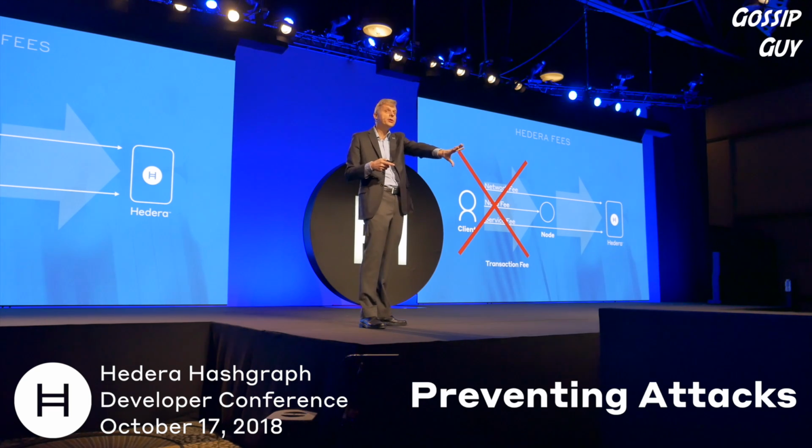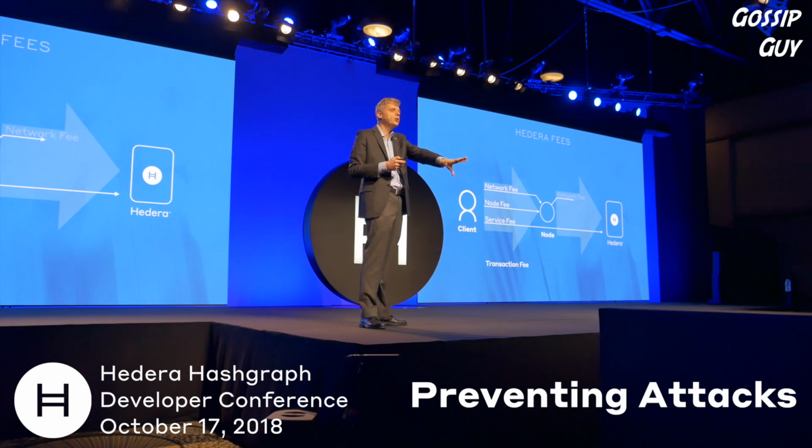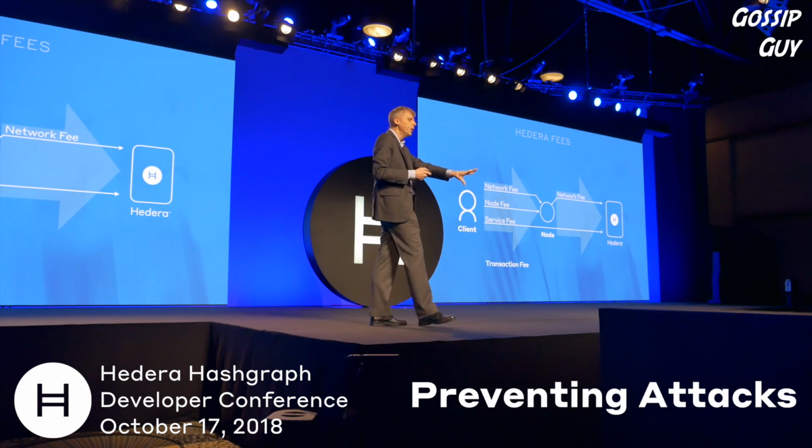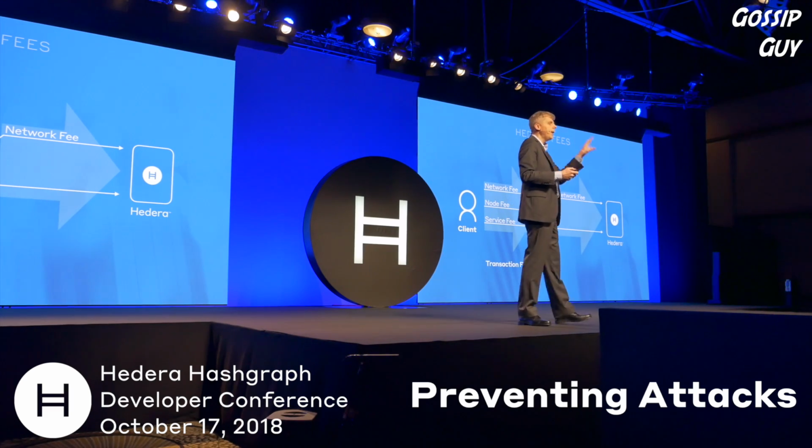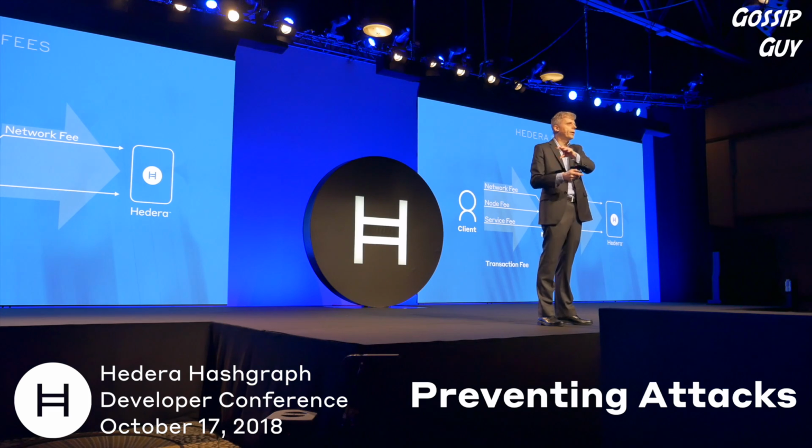But if the node is malicious and there is no user, we could break that top line into two pieces. We could say, when there actually is a client, the client pays the node, the node pays the network, and the two payments are equal, so from the node's point of view, it's a wash. The network fee is sort of invisible to the node.